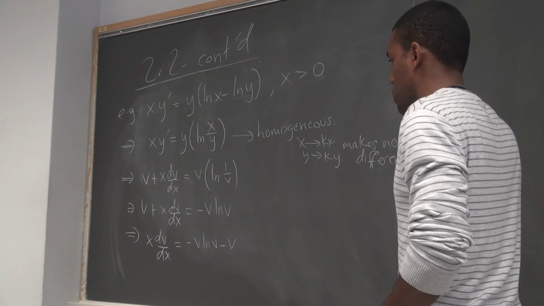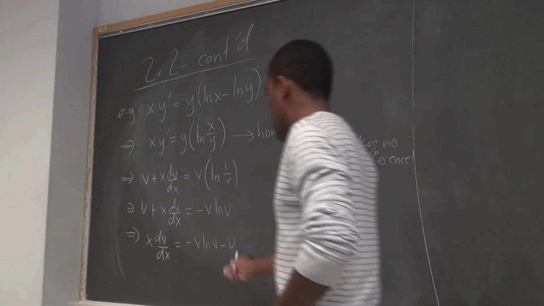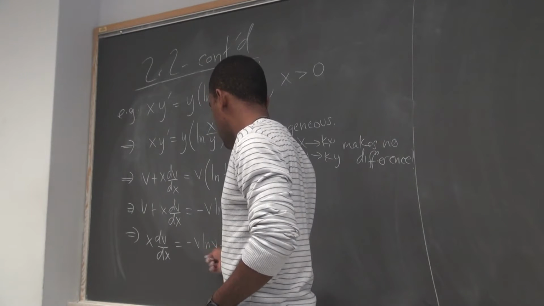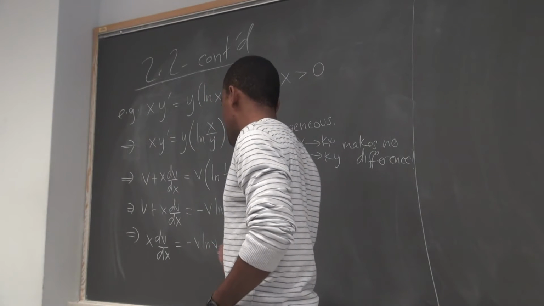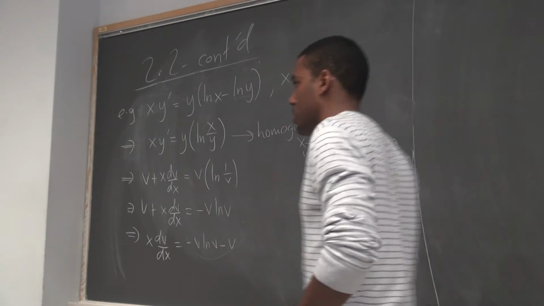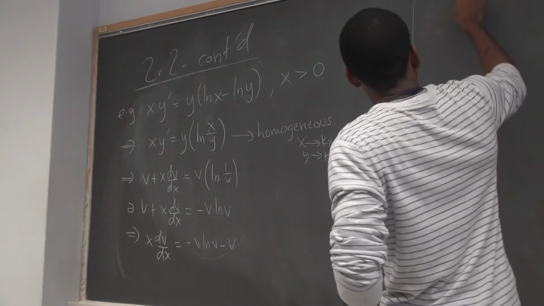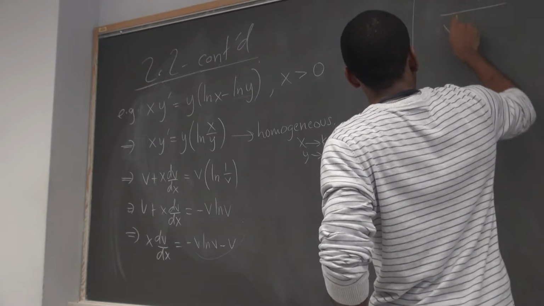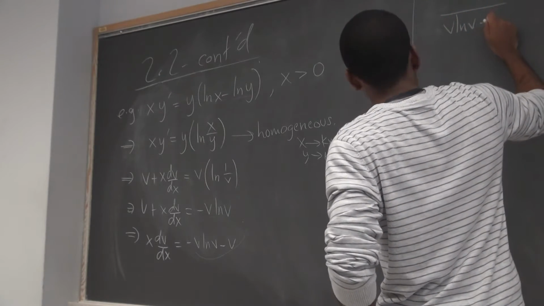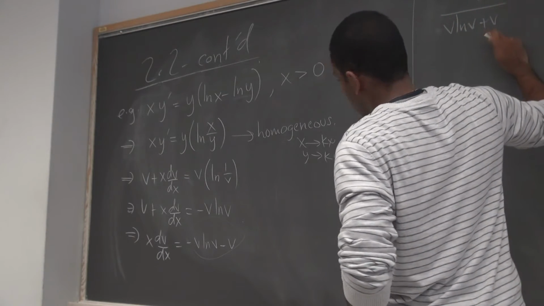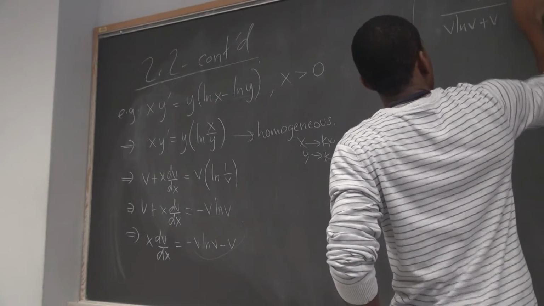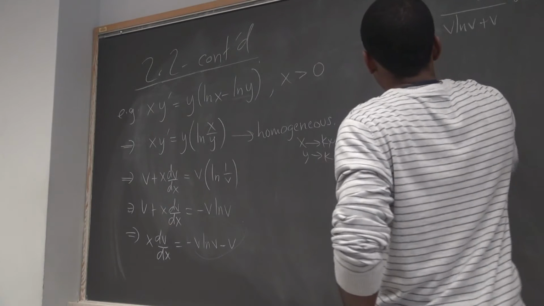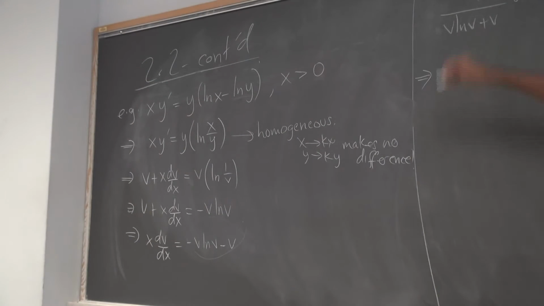You divide by v on both sides. Yeah, but I have an ln v. How about we divide by this whole thing? So I would have 1 over v ln v plus v, dv equals dx over x. And of course this is separable.